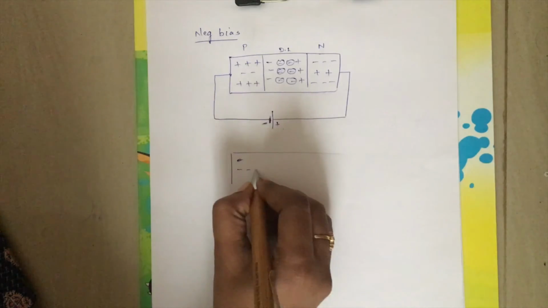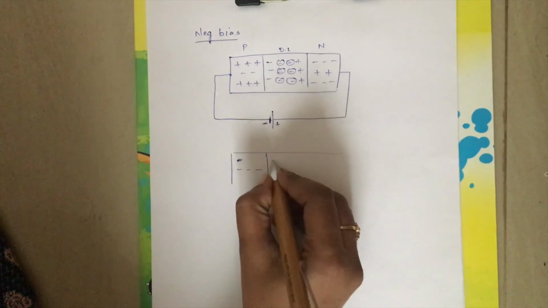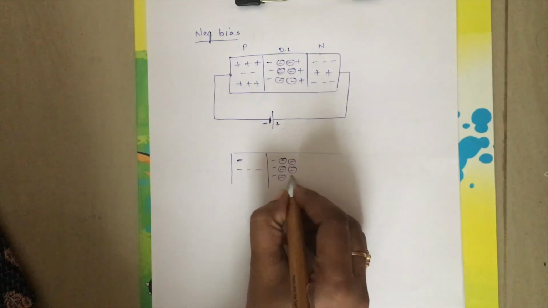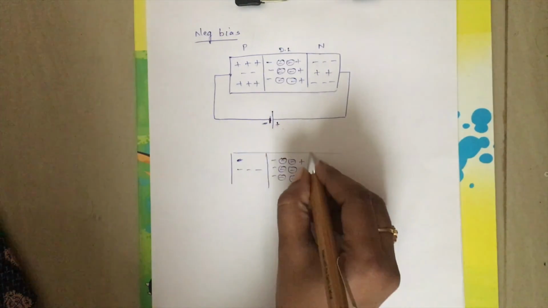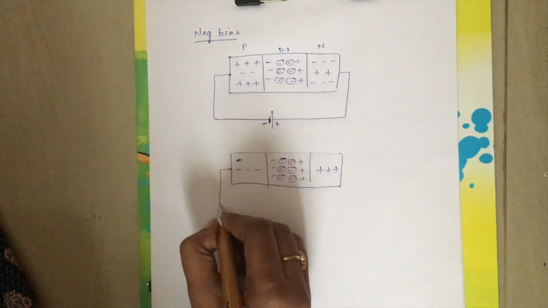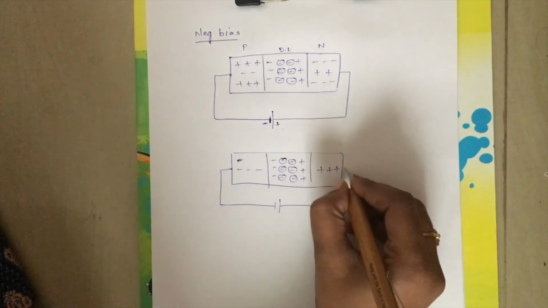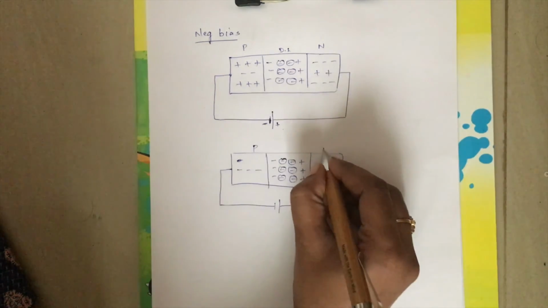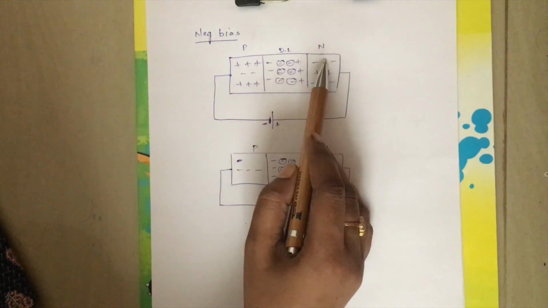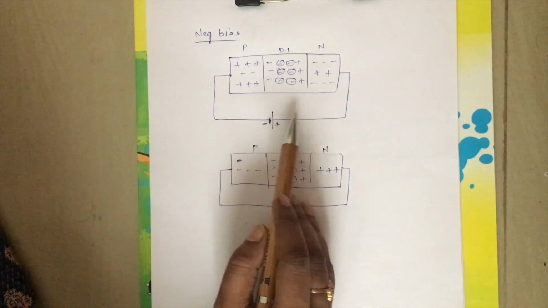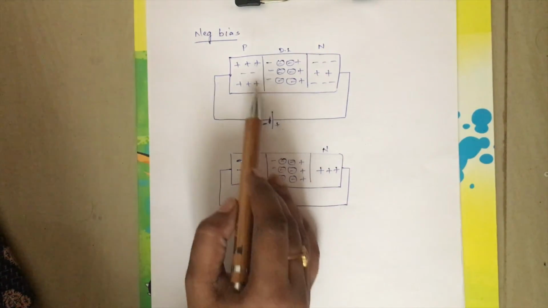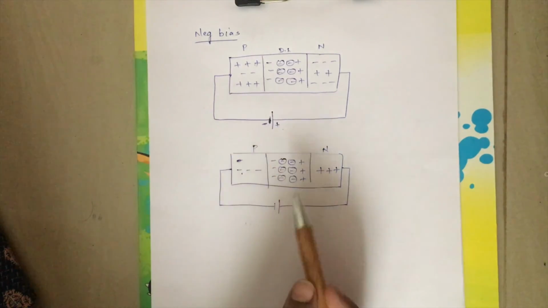Holes are getting attracted. This is the depletion region. Here I have redrawn because holes got attracted towards the negative of the battery and electrons will get attracted towards the positive of the battery because opposite poles attract each other. So minority charge carriers are left as such.